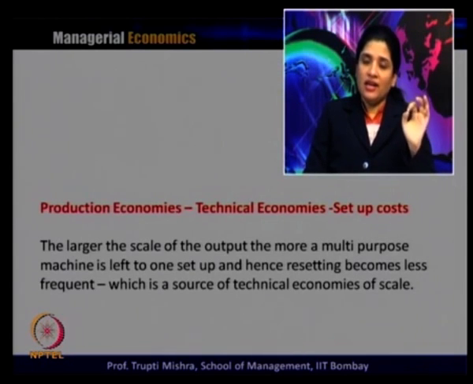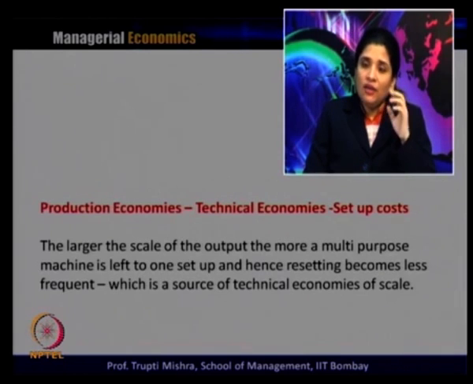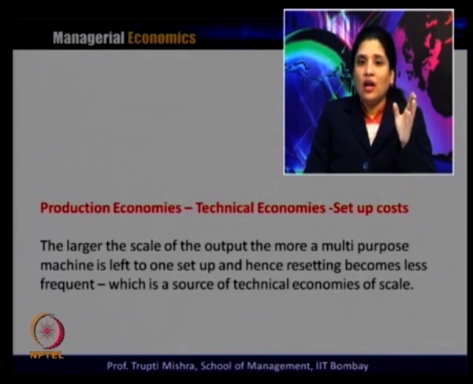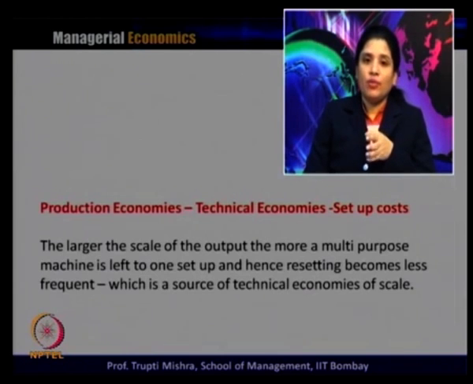So, the understanding is that setup cost is required for any high end capital equipment or high end machine, even for different processes or intermediate products. The cost is on a higher side, but once the scale of operation increases, the larger the scale of the output, the more a multipurpose machine is left to one setup, and resetting becomes less frequent.